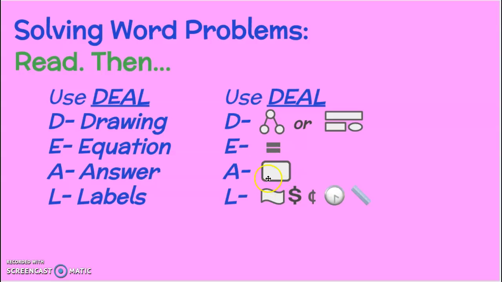Solve for the answer and label all of the parts, whether you're talking about how many chickens there were, how many trees were planted, whatever the problem is about. Then remember to label any units of measurement, such as money, time, or units of length.